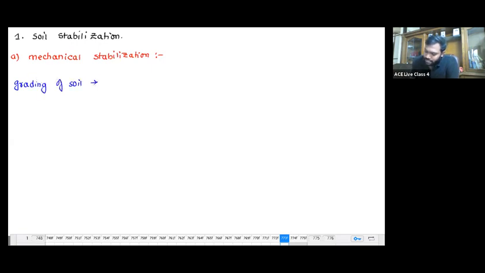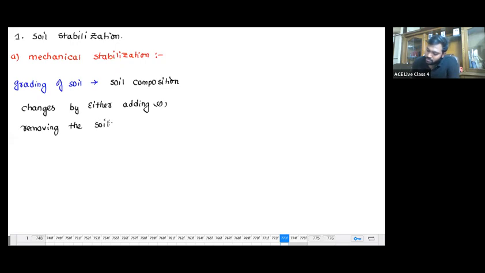First we do grading of soil. Soil composition changes by either adding or removing the soil. So simply, it is going to be the top layer.